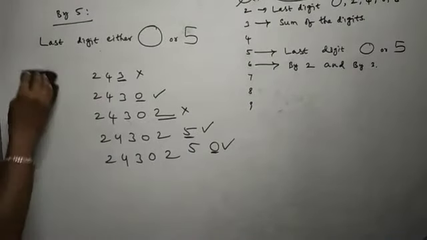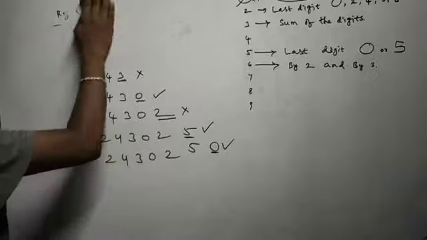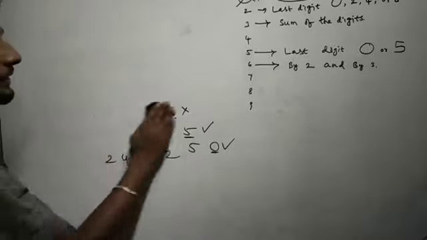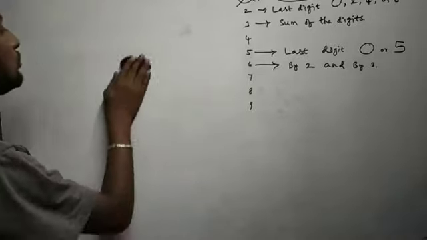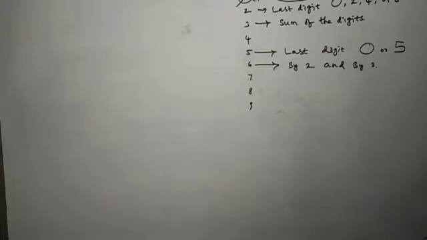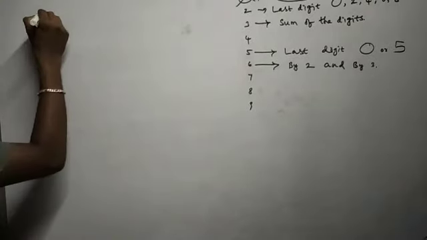Okay, by 4. What is the rule for 4? For 4, the last 2 digits of the number must be divisible by 4.